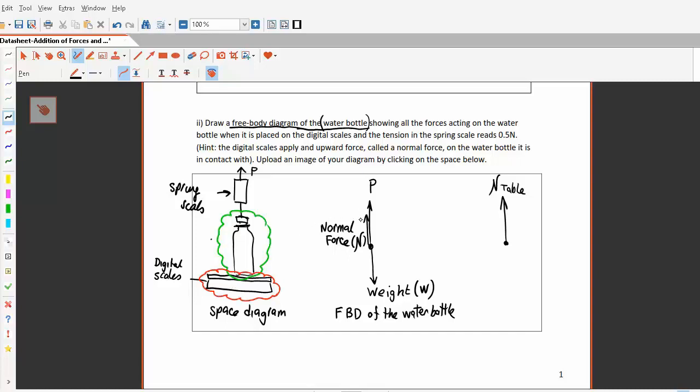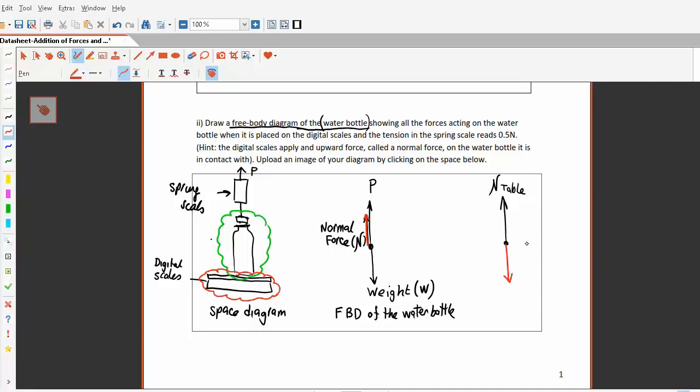And then if the water bottle feels an upwards force from the platform of the digital scales, then according to Newton's third law, the digital scales must feel an equal and opposite force from the action of the bottle pushing down on the scales.